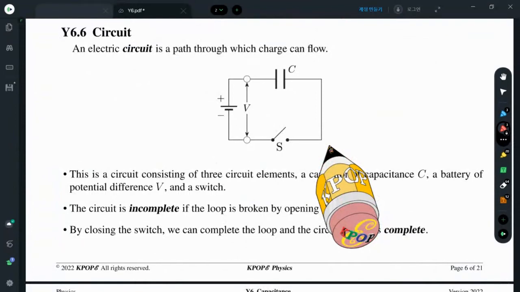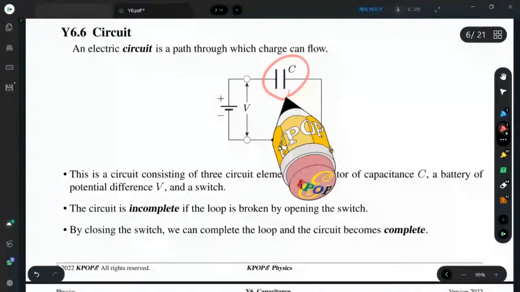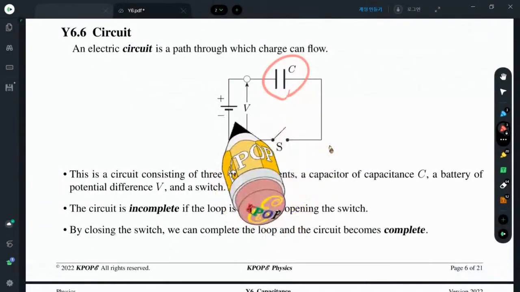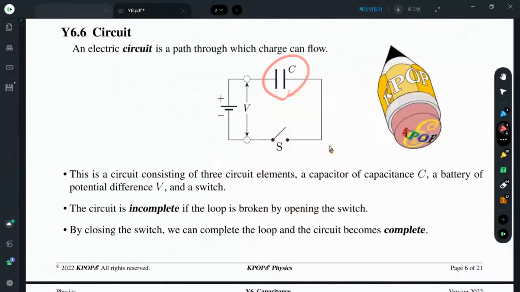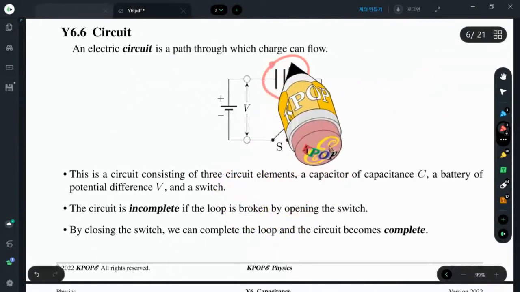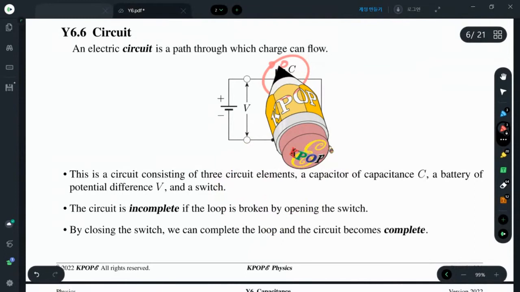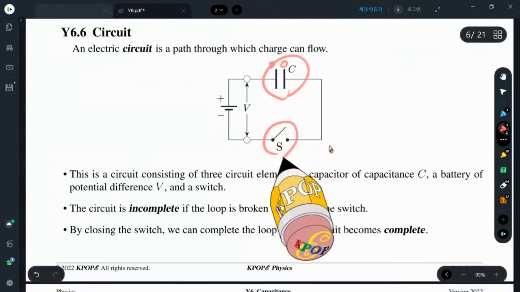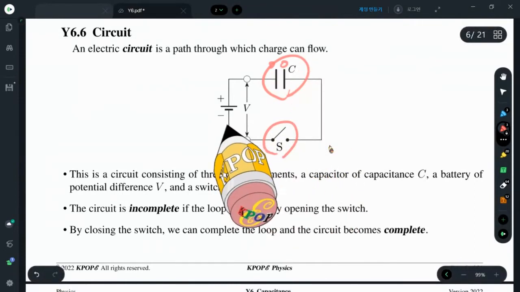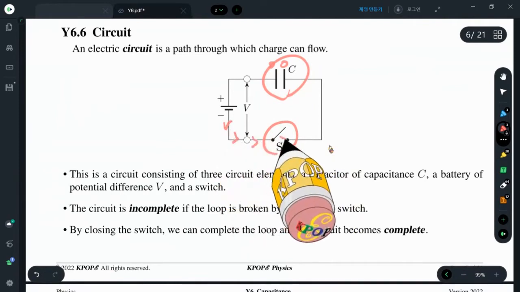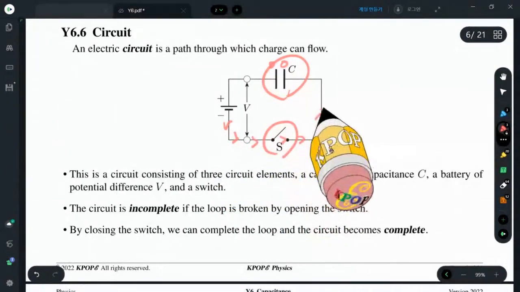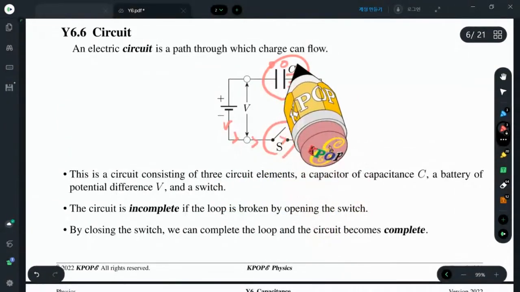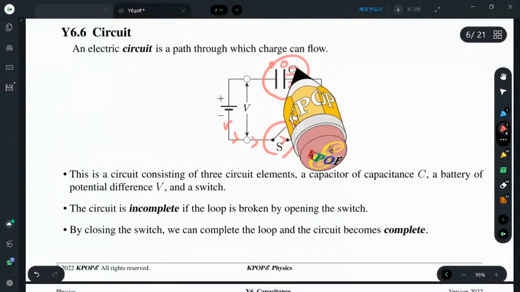Circuit. You have a capacitor at t equals 0 with no charge. When you close the switch, electrons will flow along this direction to let it be negatively charged.